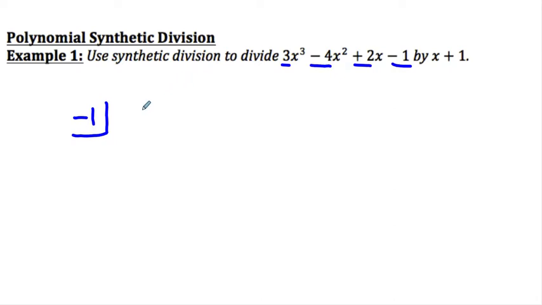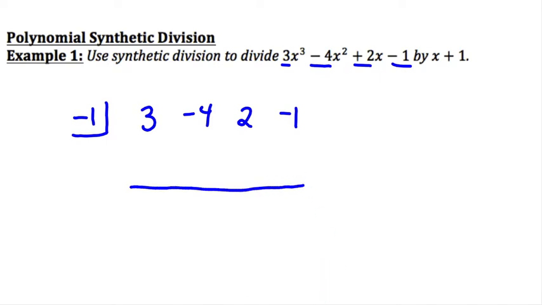So 3, leave a little space, -4, leave a little space, 2, and leave a little space, -1. You want those on the same line. If you're doing this on line paper, put those on the same line. Leave enough space to fill in another number, because we're going to write numbers underneath here, and then we're going to put a line.